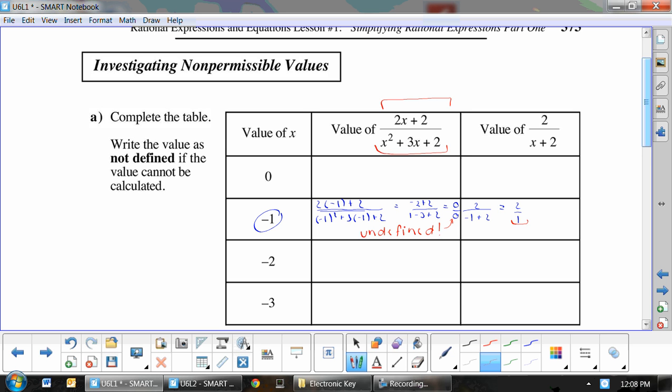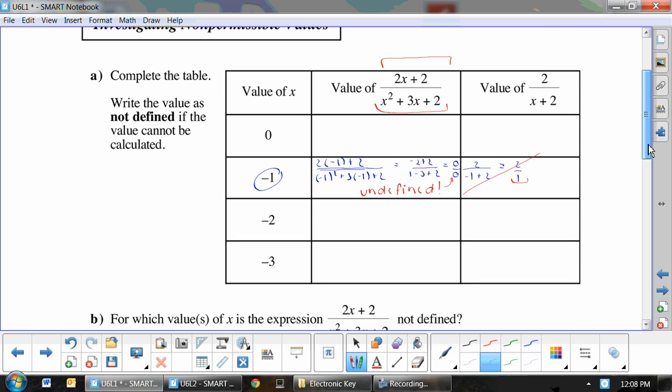Okay? So we'll cross that out maybe even. It'll say in the question. So let's try it for -2 this time. So we'll go 2 times -2 plus 2 over -2 squared plus 3 times -2 plus 2.